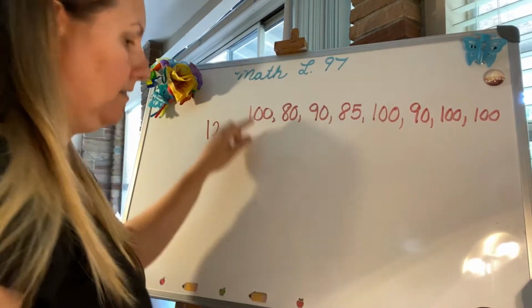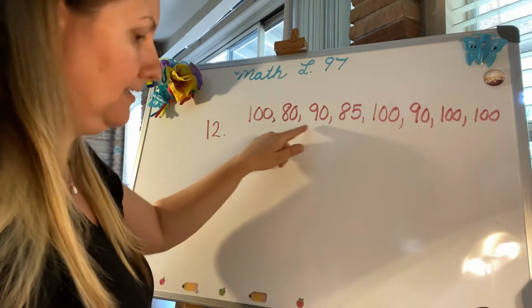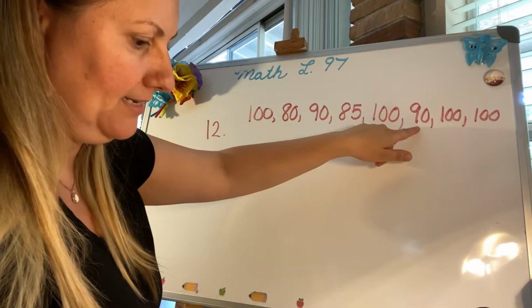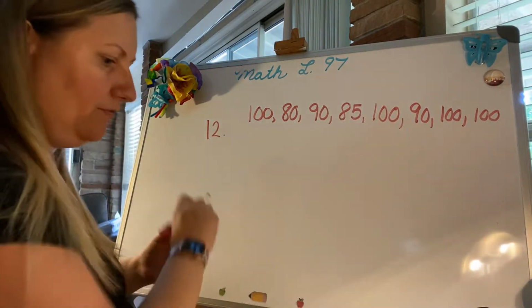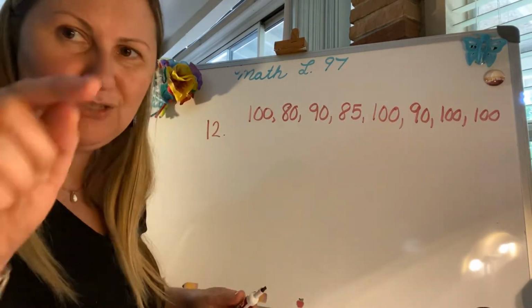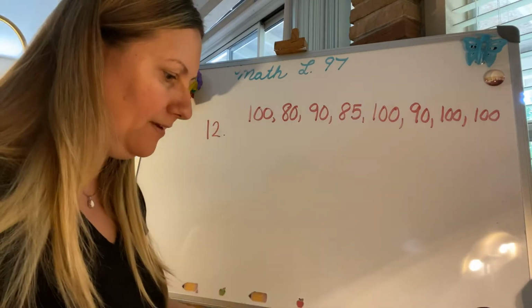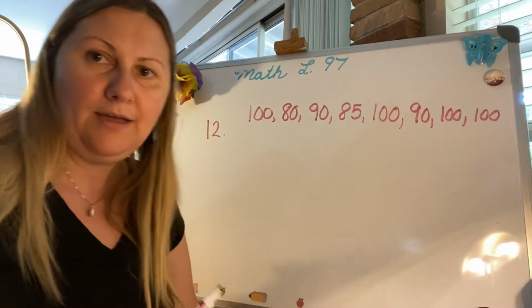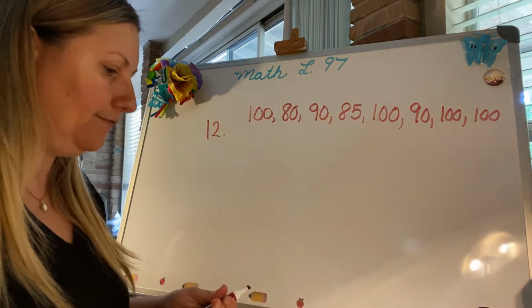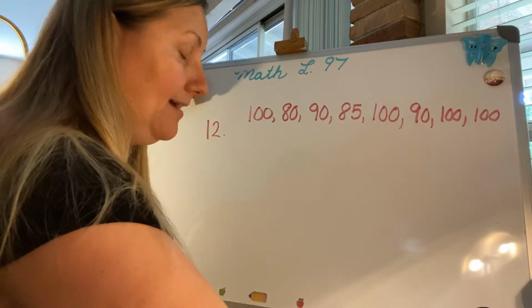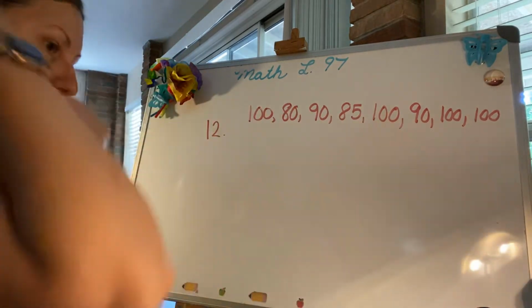Let me check it. 100, 80, 90, 85, 100, 90, 100, and 100. And I was moving along in my book to make sure I got each one. Now that I have that, I don't have to keep looking in my book and possibly getting myself confused. Now I can go ahead and put them in order.